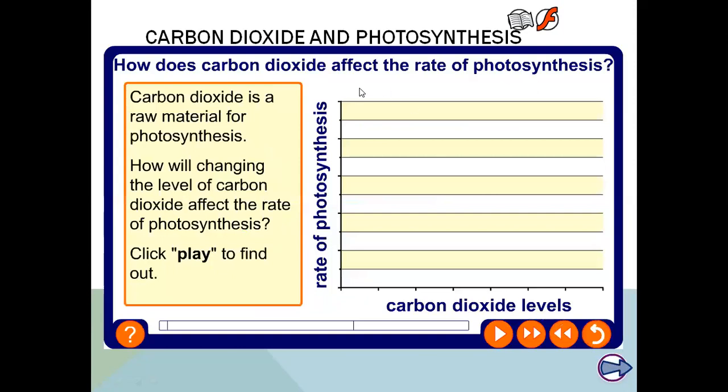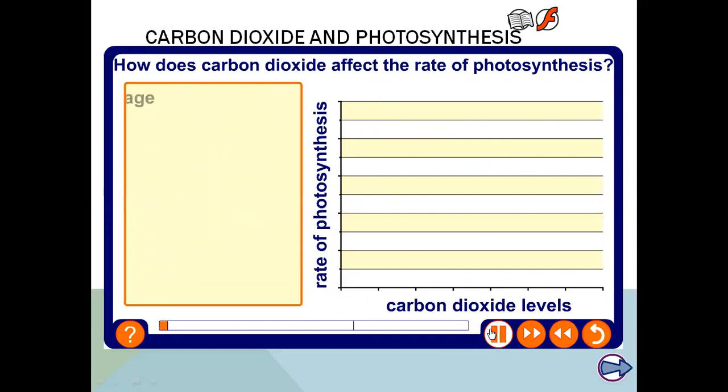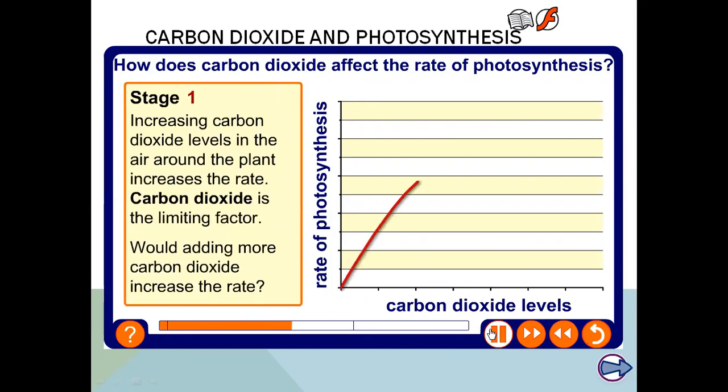Now, carbon dioxide and photosynthesis. Carbon dioxide is the raw material for photosynthesis. How will changing the level of carbon dioxide affect the rate of photosynthesis? Look at the graph. In stage one, as we increase the carbon dioxide level in the air around the plant, the rate of photosynthesis increases. Why? Because carbon dioxide is the limiting factor in this region.